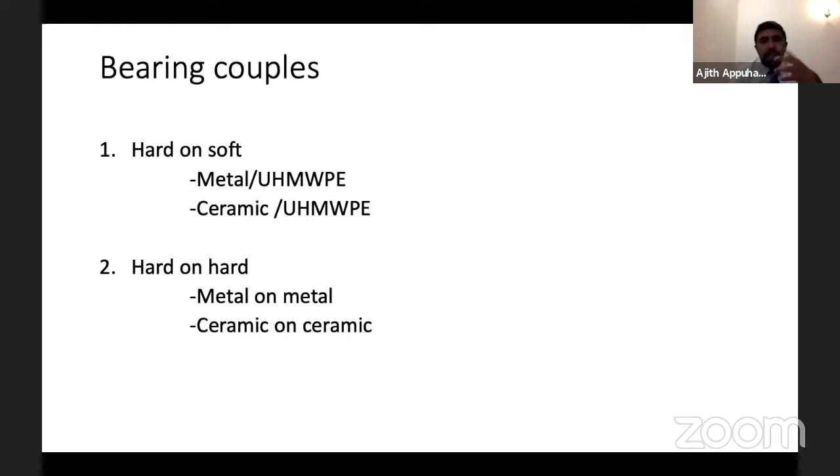Then what else? When you talk about the ball and socket, as I said before, sliding distance is more when the head is large, and the radial clearance is more, so wear is more. But load is minimum because the articular surface is more, meaning the load affecting the unit area is minimum.